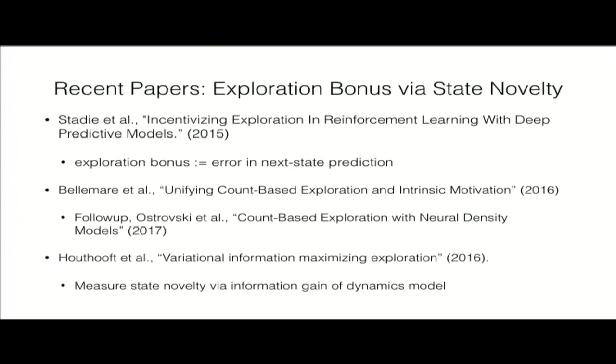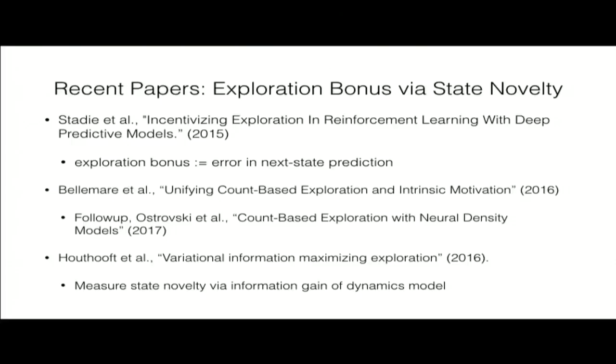Another approach that people have looked at is to provide an exploration bonus for visiting states that haven't been visited very much. The hard part here is, let's say you've got an infinite state space, like you've got images from a game, or you've got robot joint angles.